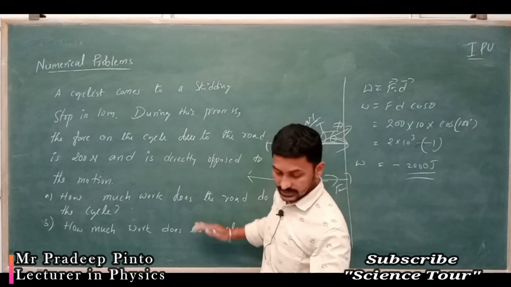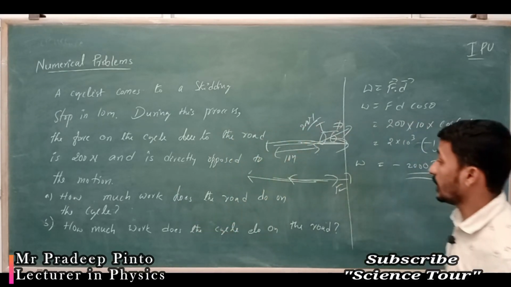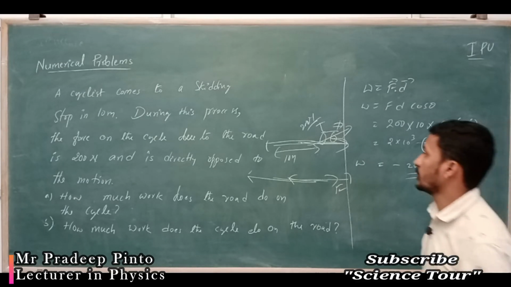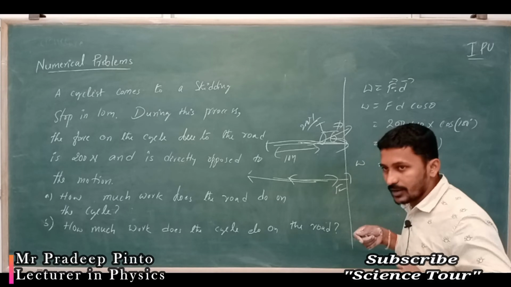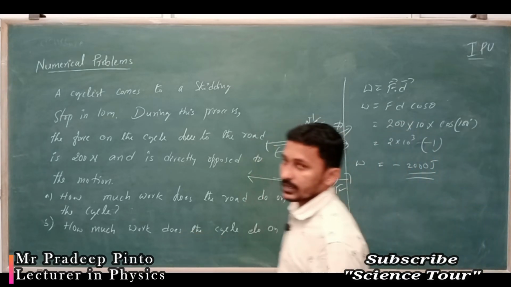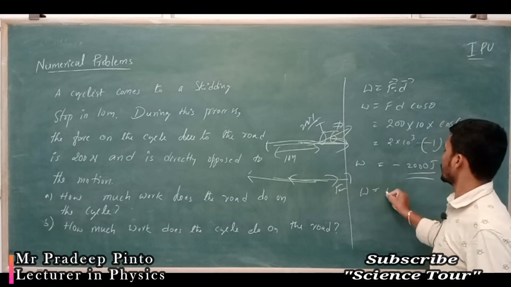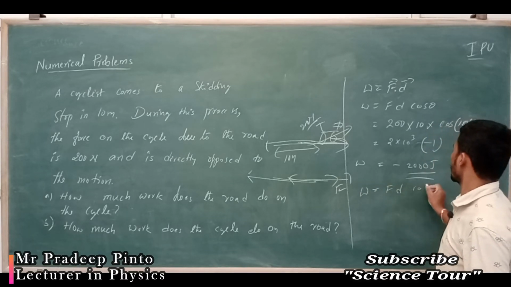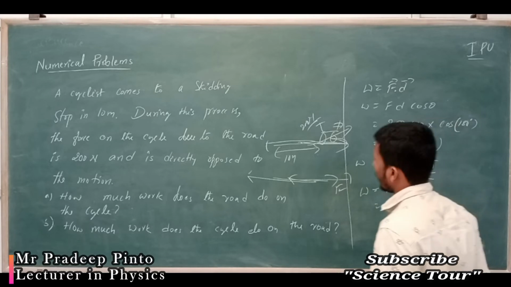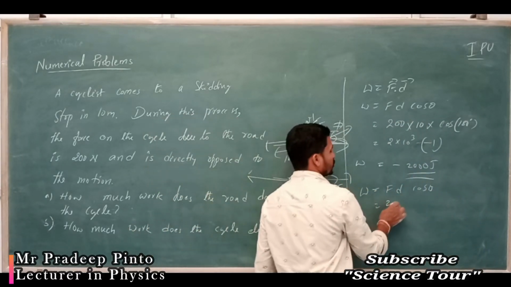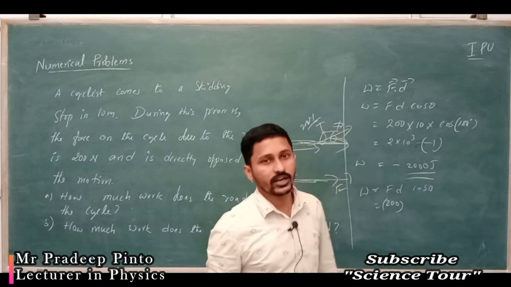The next question is, how much work does the cycle do on the road? The cycle is going to apply the force on the road. Now what is the case? Work done is force into displacement into cos theta. Force is there, that is Newton's third law, no? Equal and opposite force.